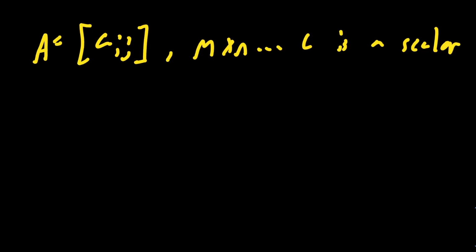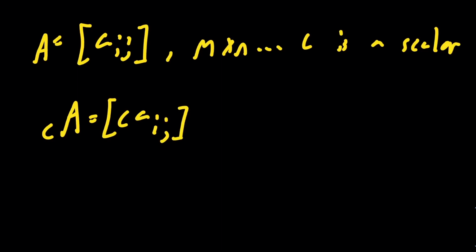If A is a matrix and C is a scalar, we can write the product as C times A, which is equal to the scalar multiplied by each entry of the matrix.